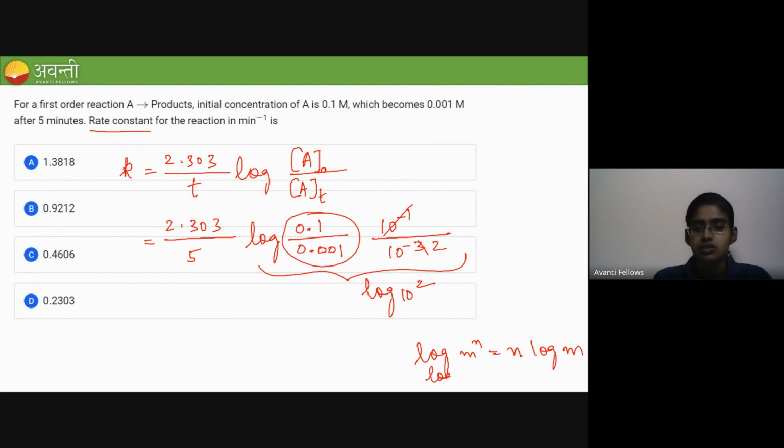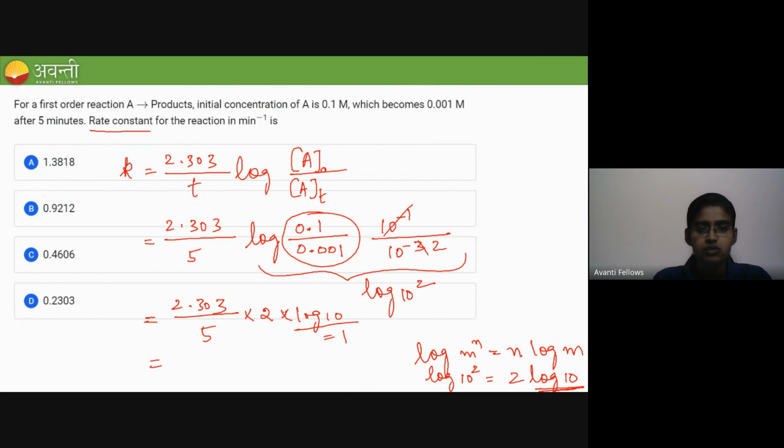So log of 10 power 2 is equal to 2 into log 10. So just put 2.303 divided by 5 into 2 into log 10. Log 10 is equal to 1.